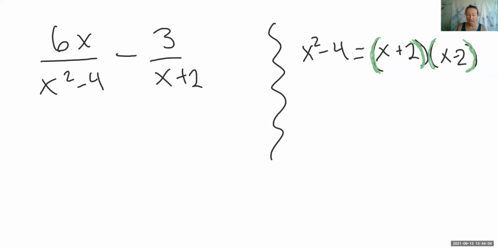Then when we look at our second fraction, our denominator is x plus 2. X plus 2 can't be factored any further, so it is already just one single factor, x plus 2.